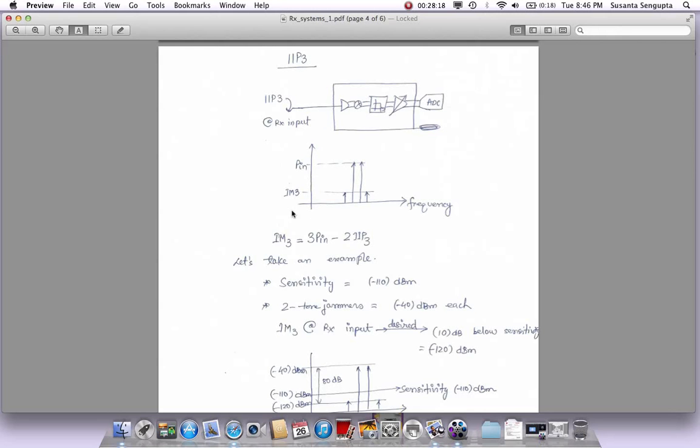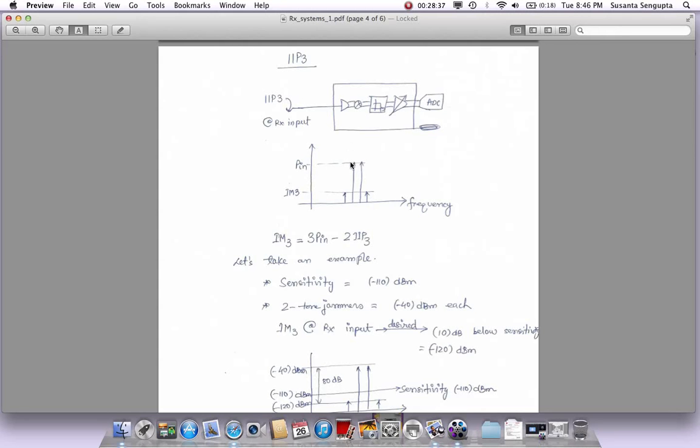So let's say we have a jammer scenario like this, where you could have a two-tone jammer present at the input. A multi-tone type of jammer is also possible, but we can take multi-tone jammers and model them as two-tone jammers.